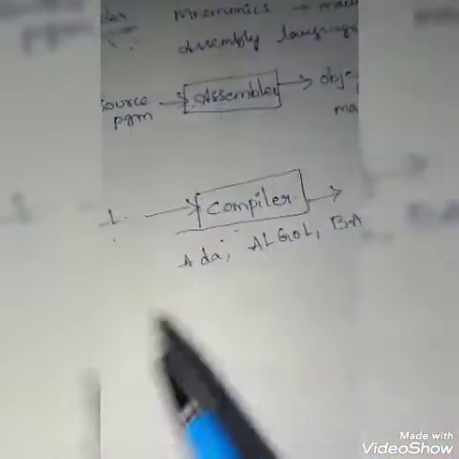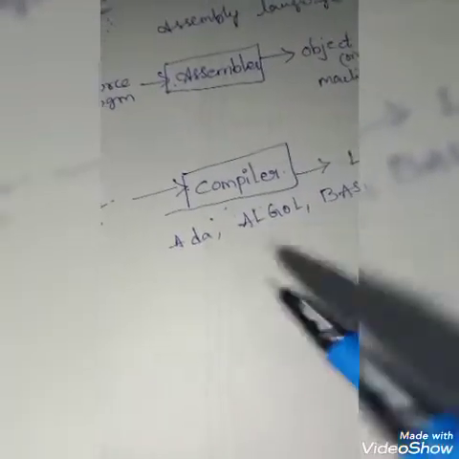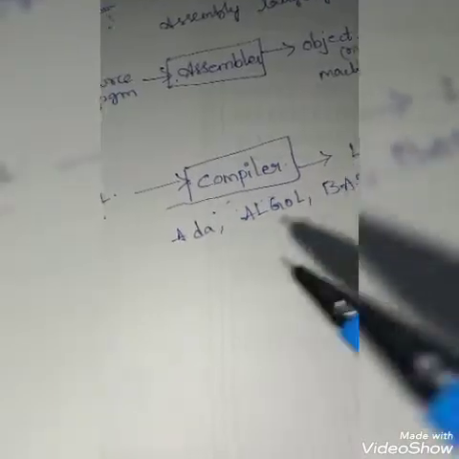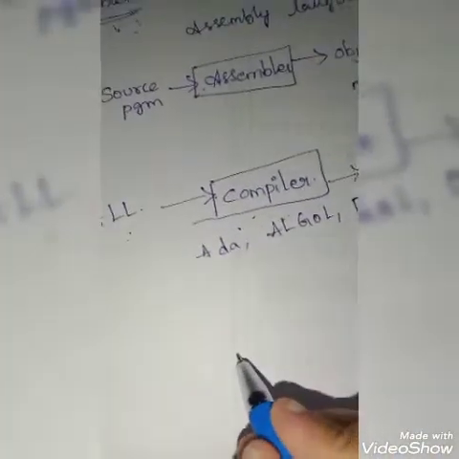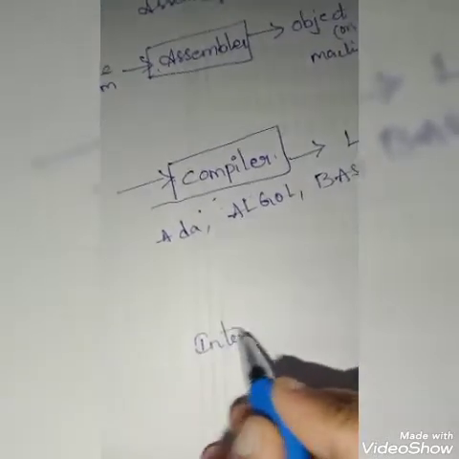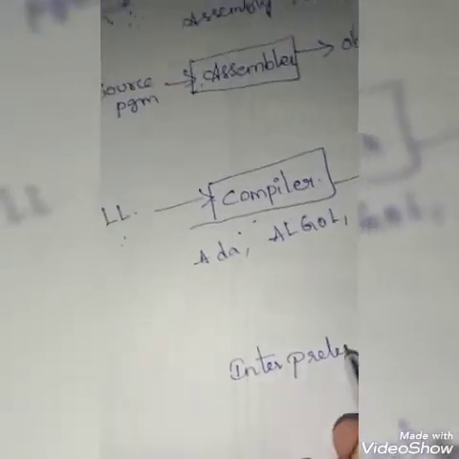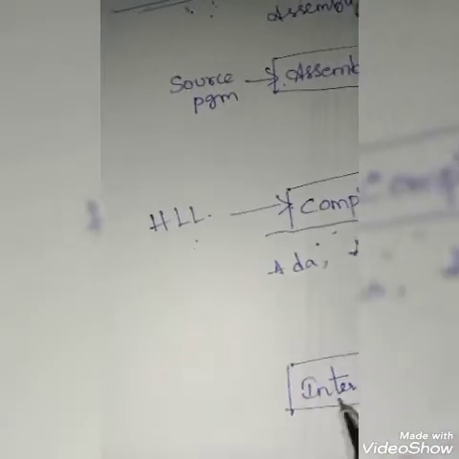And the third one is our interpreter. An interpreter is also a program which is used to translate a source program into machine level language. Both interpreter and compiler do the same work.